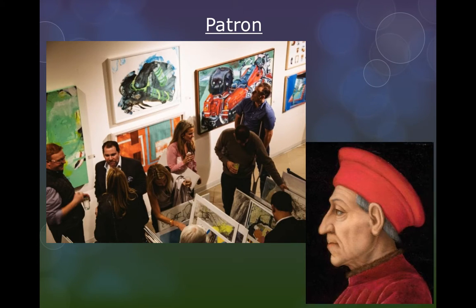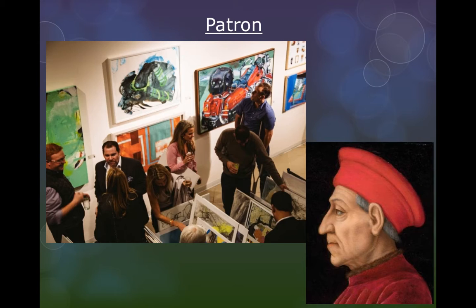A patron is an individual that gives money to artists. Now, traditionally, in this time period, patrons would be individuals that would finance the artists being able to do their art.